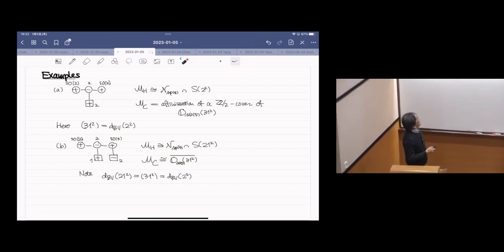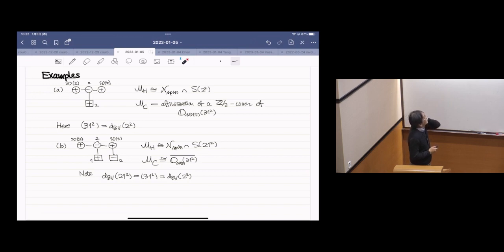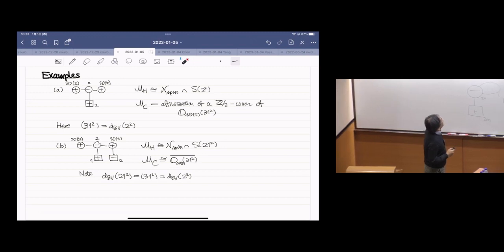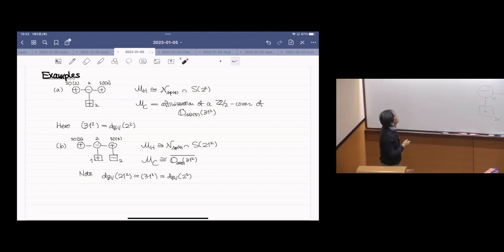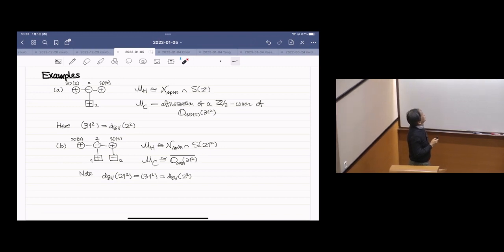Then, by using this orthosymplectic quiver variety, the Coulomb branch is the affinization of a Z2 cover of the orbit 312, for SO(3), SO(5). And this 312 is the image of Barbasch-Vogan duality applied to 2.